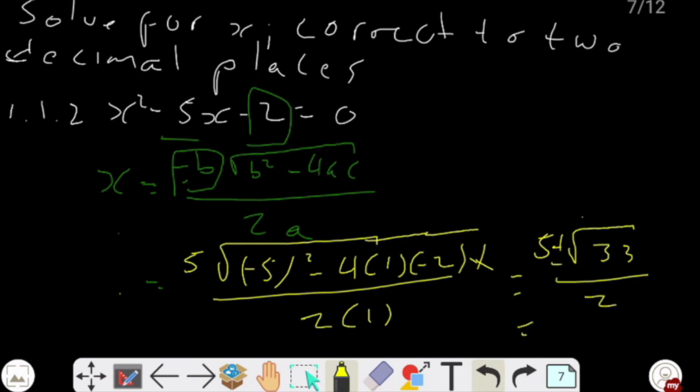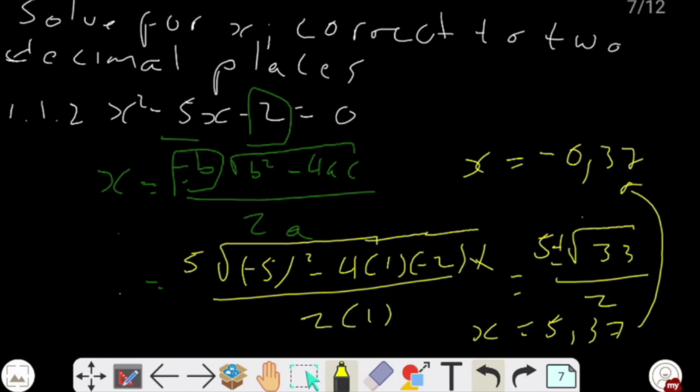And then from here, you can get your x should be 5.37, or your x, if you minus the root of 33 from the 5, will give you minus 0.37.